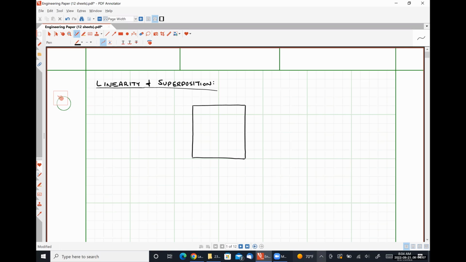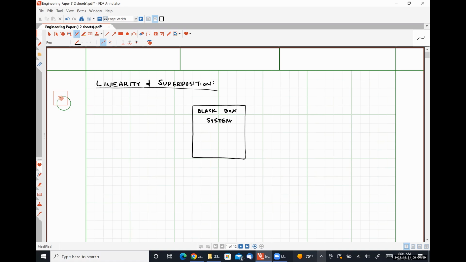So what I'm drawing here is what I'm going to call a black box system. Okay. The black box system literally just represents, in our case, some circuit where we don't particularly care about what's inside of it. So we don't care what components it's made of. We're only interested in its behavior, okay?